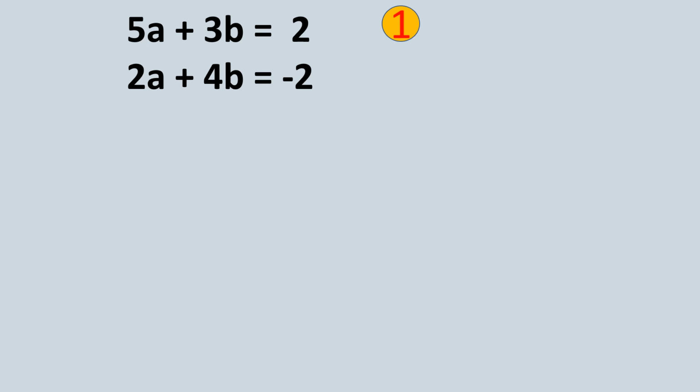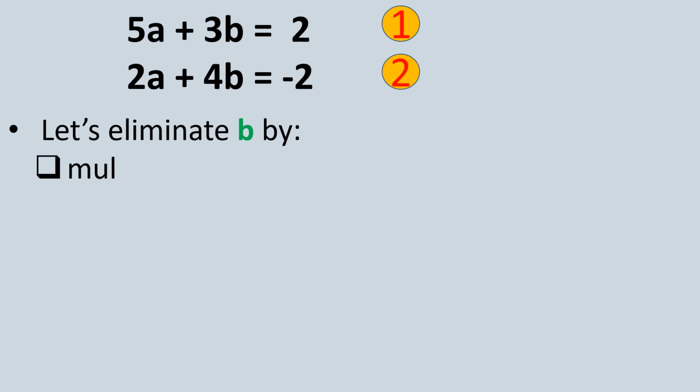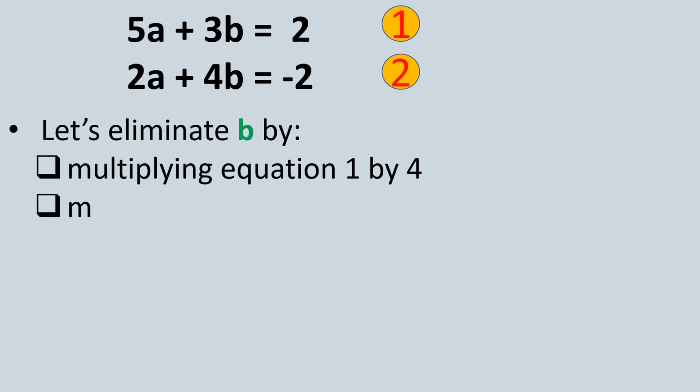So let's look at the simultaneous equations once again. 5a plus 3b is equal to 2, and 2a plus 4b is equal to minus 2. So this time around, we will be eliminating the variable b, thereby paving the way to solve for the variable a.